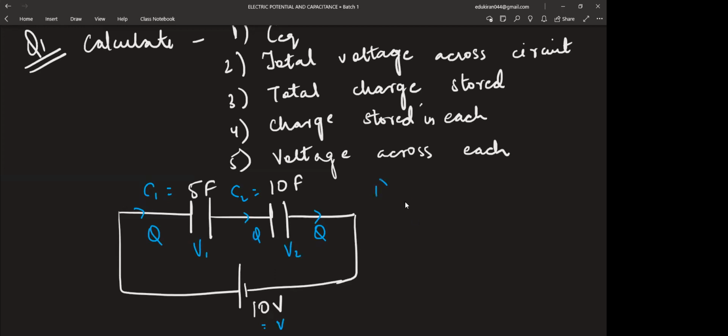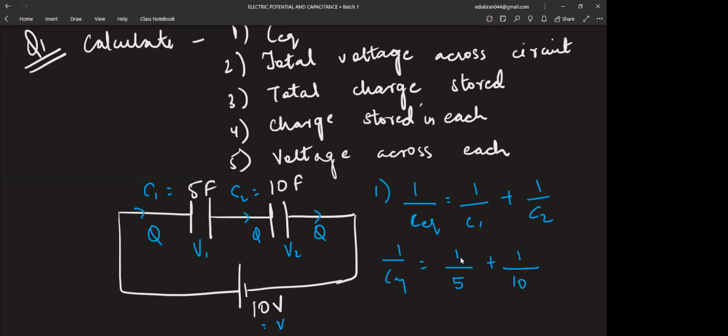So the first part is C equivalent. We have studied that for the series connection, 1 by C equivalent is 1 by C1 plus 1 by C2. So 1 by C equivalent will be 1 by 5 plus 1 by 10.